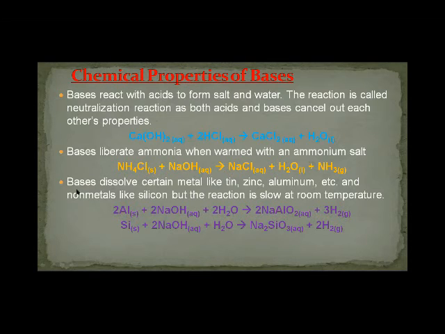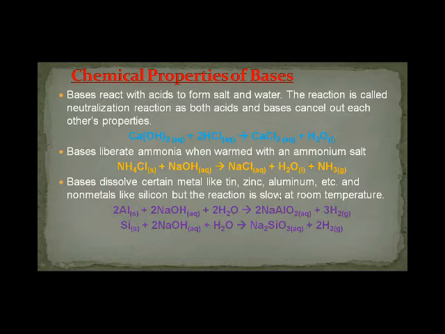Next property: bases dissolve certain metals, like tin, zinc, and aluminum, etc., and non-metals like silicon. But the reaction is slow at room temperature. In the form of an equation, aluminum, Al, reacts with the base sodium hydroxide and water.